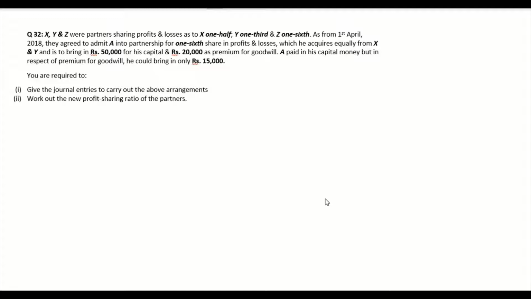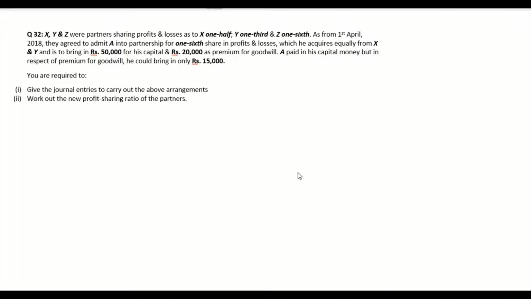A paid his capital money, but in respect of premium for goodwill, he could bring in only rupees 15,000. You are required to give the journal entries to carry out the above arrangements. Work out the new profit sharing ratio of the partners.